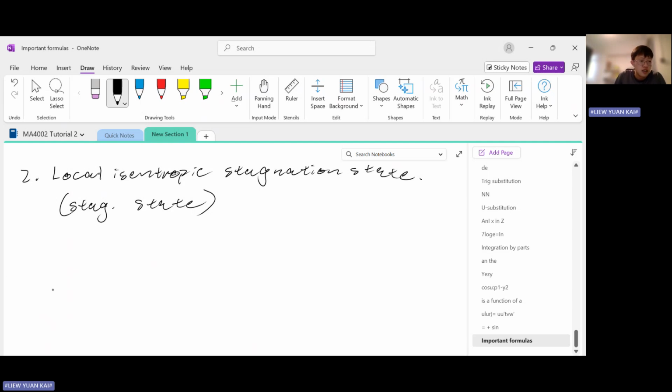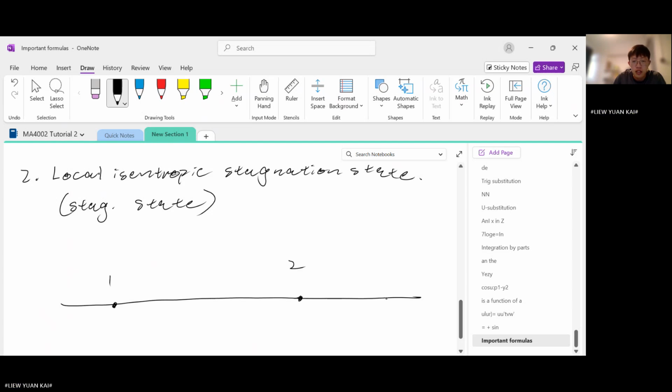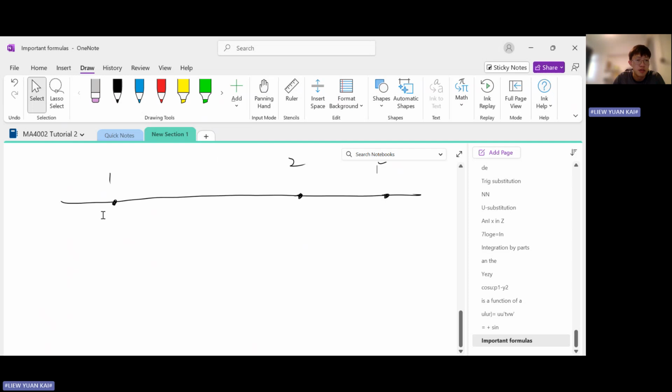So let me show you our flow process. This line represents a flow. We have 3 state points here: state 1, state 2, and state 3. Each of them has its own static conditions.